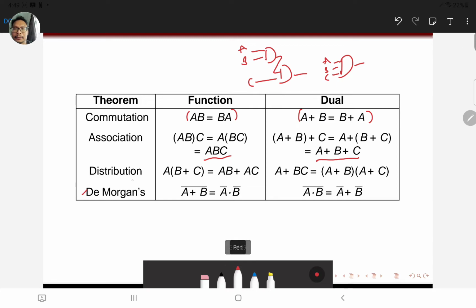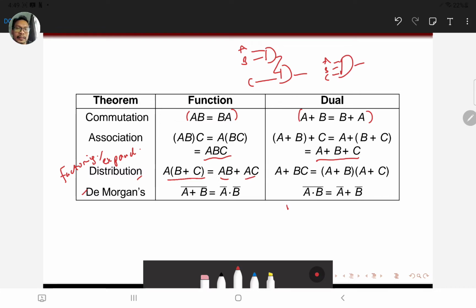Looking further at the distribution theorem, this is factoring or expanding, essentially. So we can factor out or expand A(B plus C), which is AB plus AC, just like normal algebra.